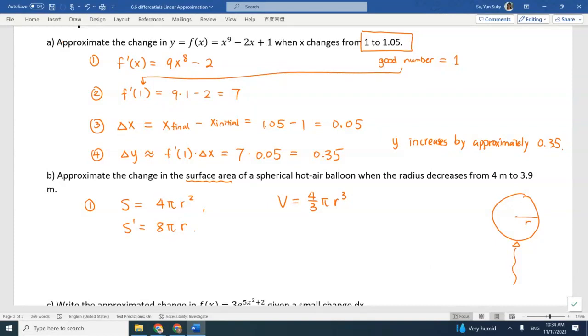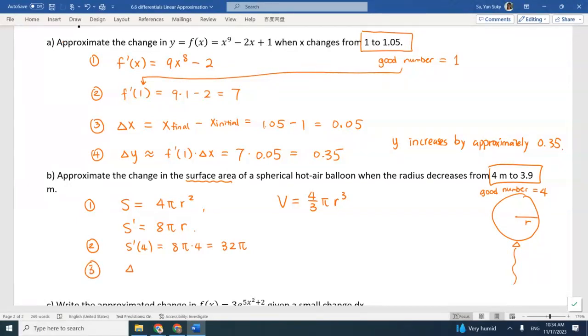So look at the range of the radius, 4 to 3.9. What is a good number? 4, yes. We usually pick an integer, right? So step 2, S prime of 4 is 8 pi, r is 4. What's 8 times 4? 32 pi. Yes.